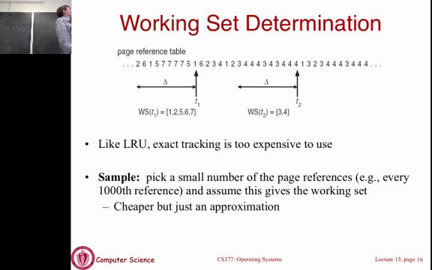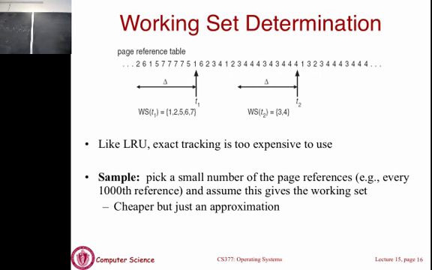And that means we're having to go into memory in order to make a memory access. Just as with LRU, that's essentially a non-starter. So instead, we need some other approach. Again, as usual, we're going to try to get an approximation of the working set. We're not going to be able to do it exactly.